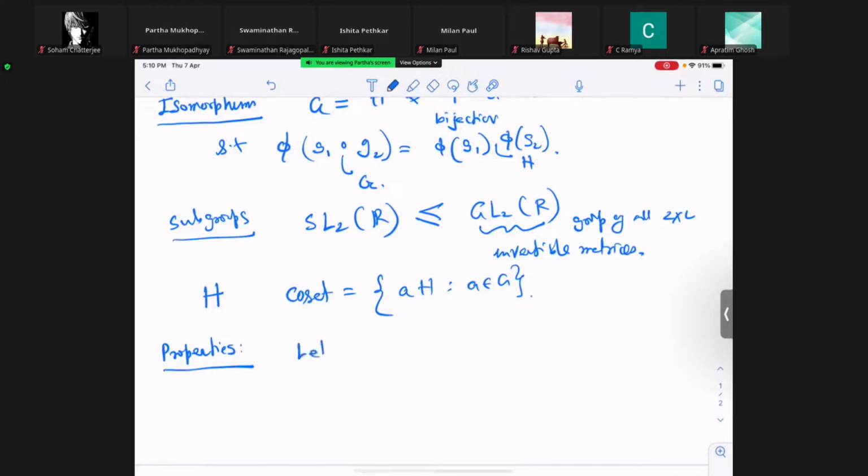So let H be a subgroup and a, b belong to G. Then either the cosets aH and bH are the same or they do not intersect.